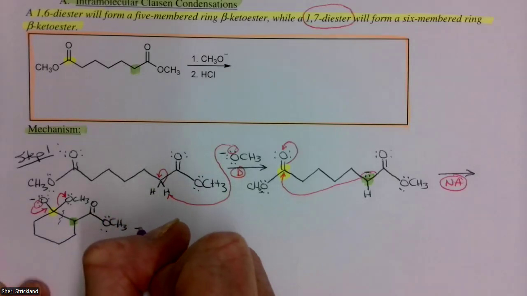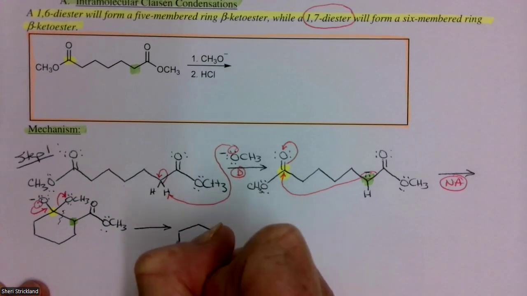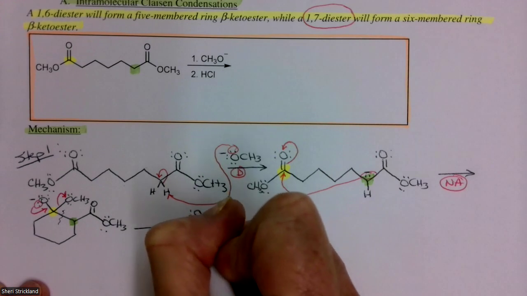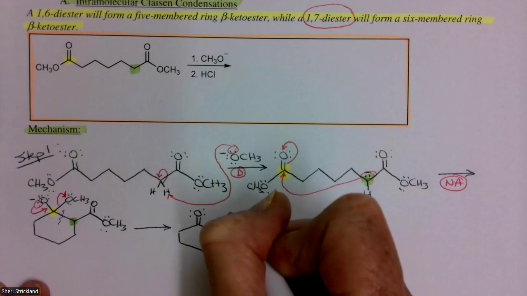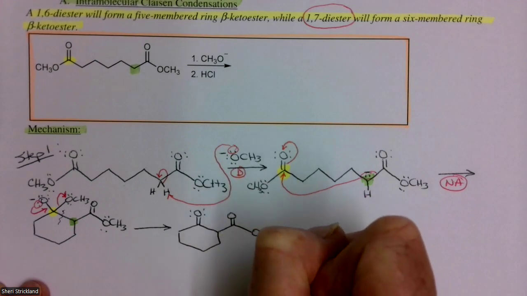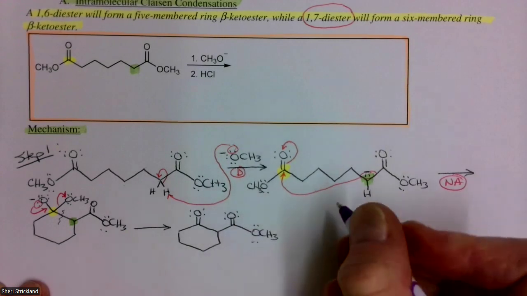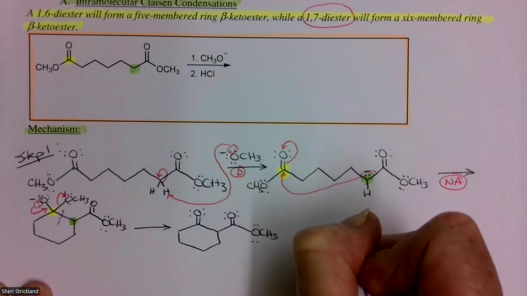So what it's going to make is this, and we've got a ketone functional group there. We've got the ester in the beta position. And then we've got this methoxide.